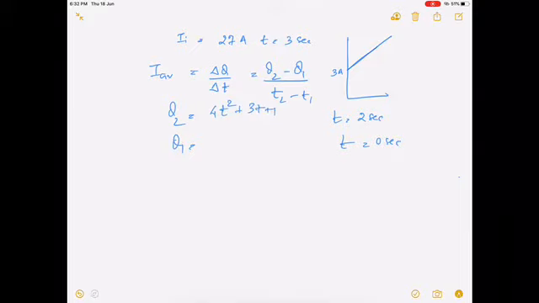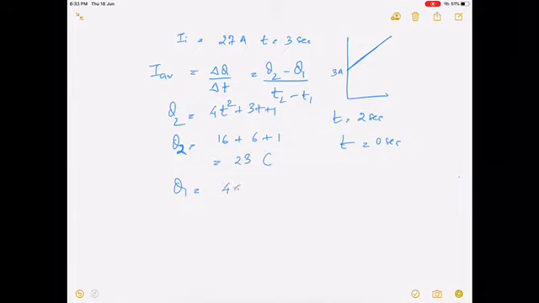We know the equation 4t square plus 3t plus 1. We will substitute and find q2 as 2 square is 4, 4 fours are 16, plus 3 twos are 6, plus 1, that is 23 coulombs.